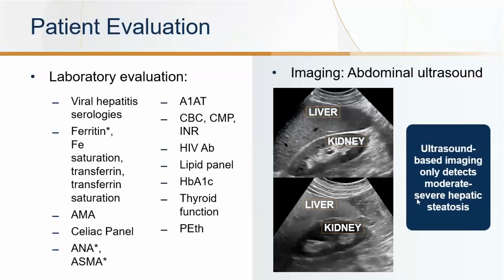So what are we going to do next for JP? We definitely need to get some more workup. I always tell my patients we don't want to just assume this is fatty liver. We need to rule some things out.